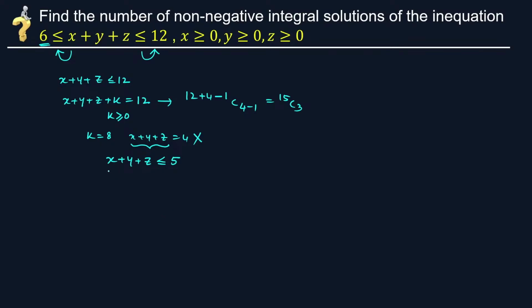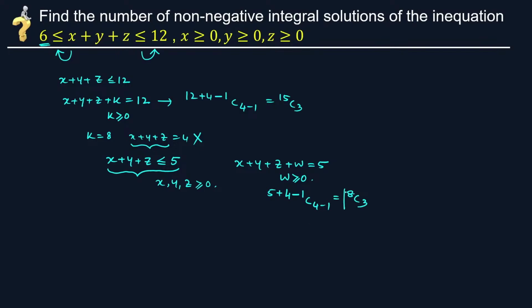So how many such non-negative integral solutions are possible, where x, y, z are all greater than equals to 0? In this case, I will again introduce a dummy variable, let us say w here, such that the sum equals 5, and w is greater than equals to 0. So the total number of such non-negative integral solutions will be 5 plus 4 minus 1 C 4 minus 1, which gives us 8C3.